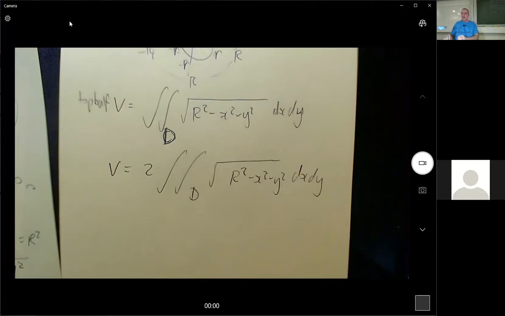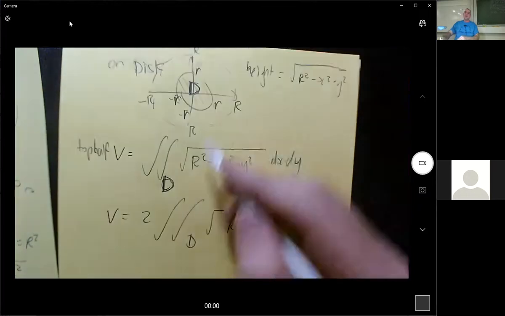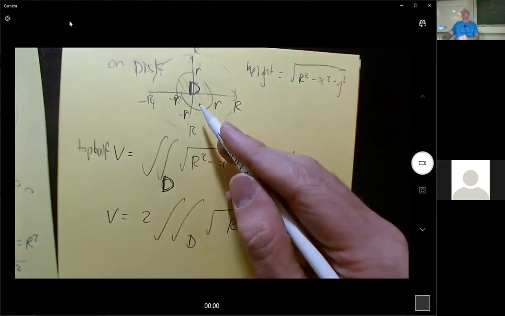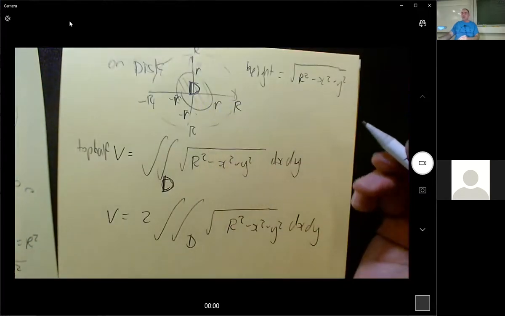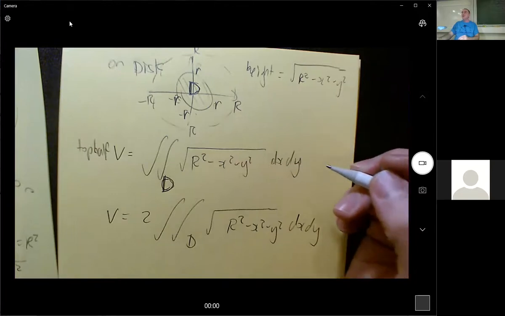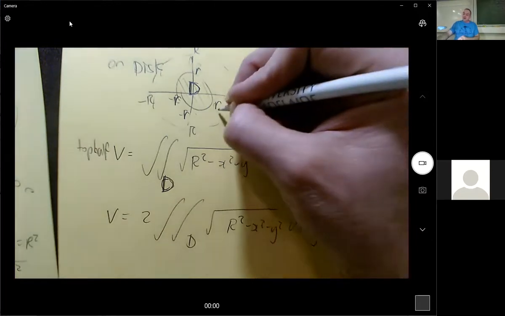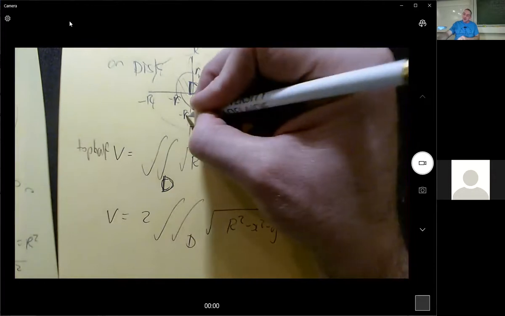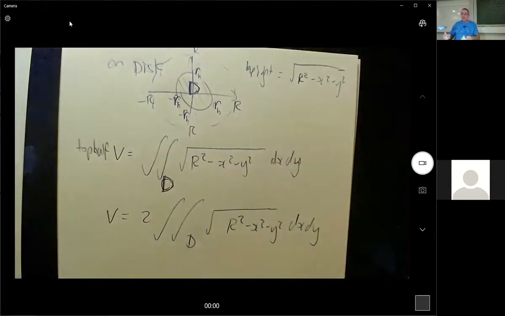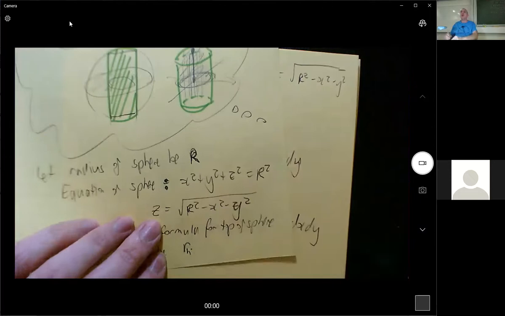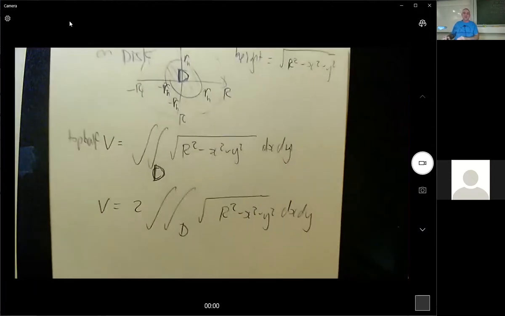Okay, so now I need to figure out how to locate every point in this disk. Oh, damn it. Can I just make it R sub H, R for the whole? There we go. Cool.